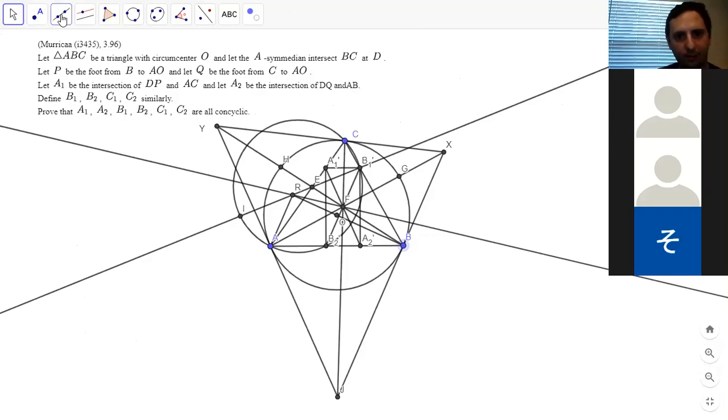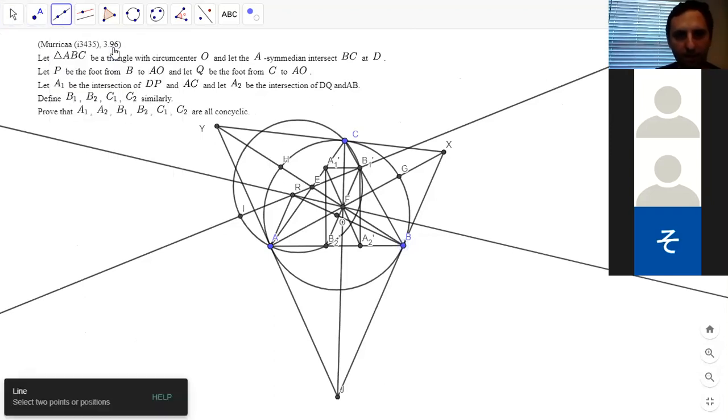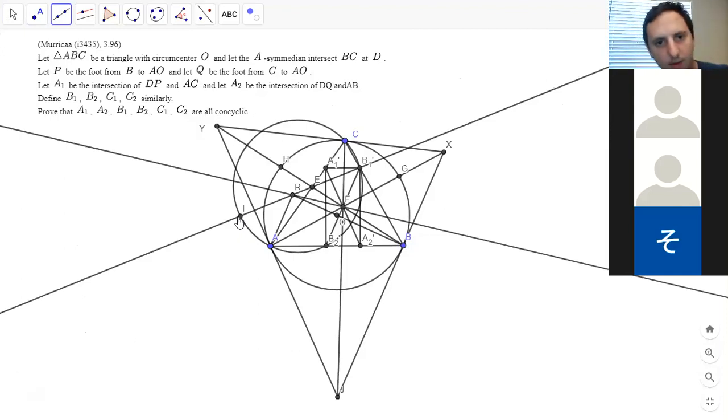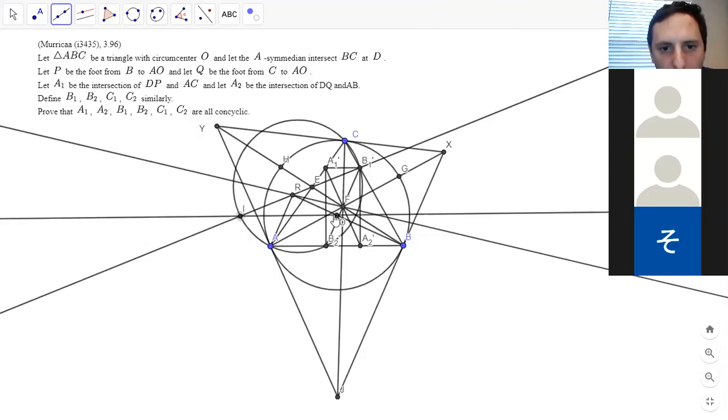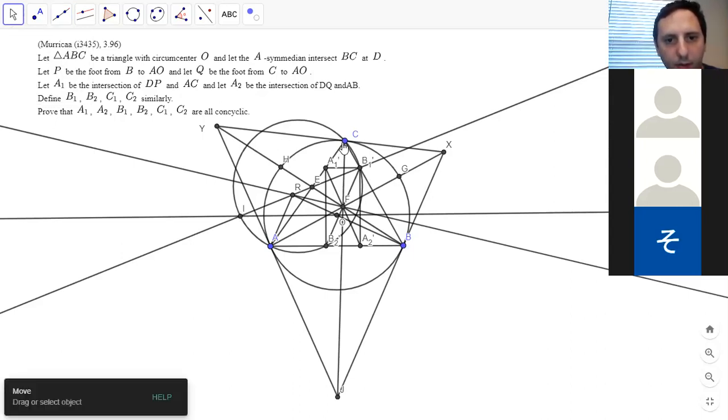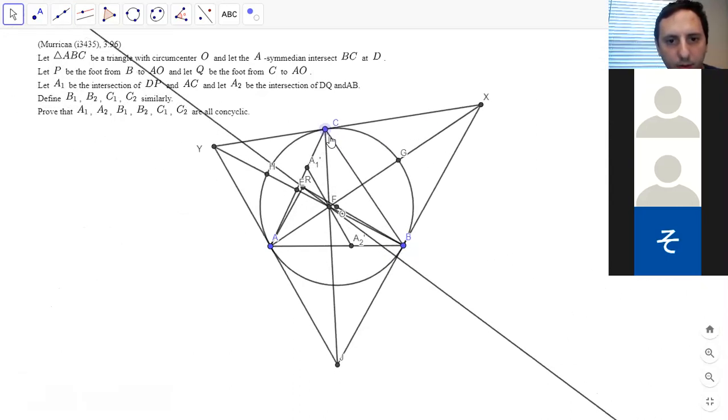Is there anything else we can say about point I? Maybe IO is parallel to AB. That would be interesting, but that's not true.